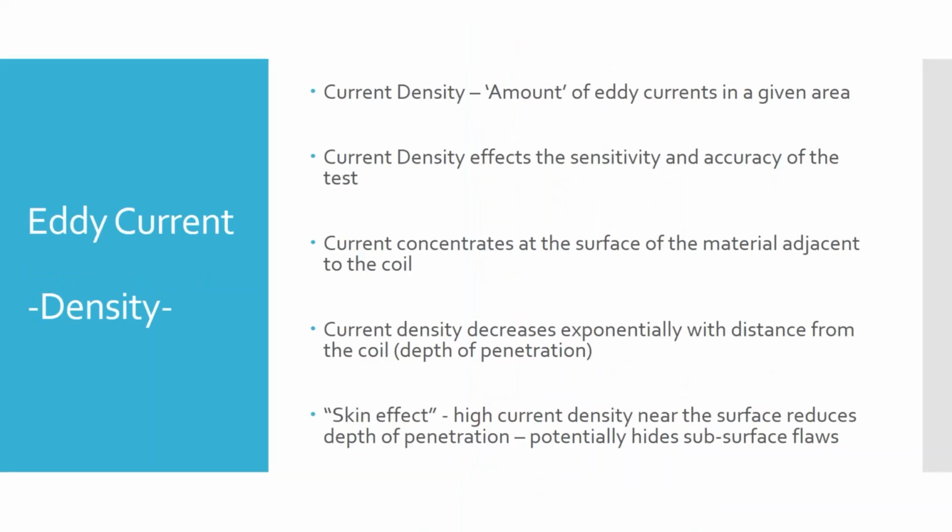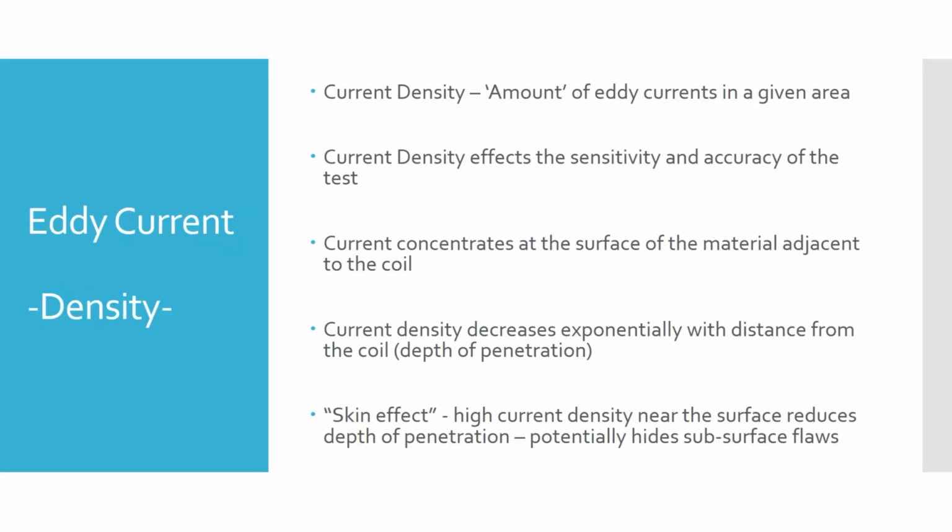So the way this is affected, we have a few things that happen with this. Those eddy currents, when we get that magnetic field going in, are going to cause little circular currents to flow inside the part, and they're going to be affected by the material that you are working with. Right? What's called their density, how strong they become, is the current density, and that's how many of these little circular currents are concentrated in a given area.